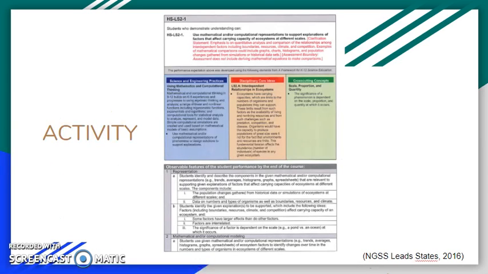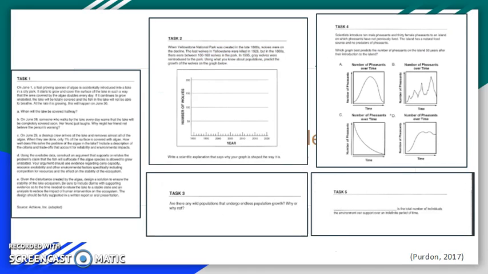I have an activity that I got from the KSD Impact Institute this summer, and it stems from the high school life science standards in NGSS, specifically the first performance expectation. In this activity, we evaluate 5 tasks and determine which of the dimensions are represented in each.